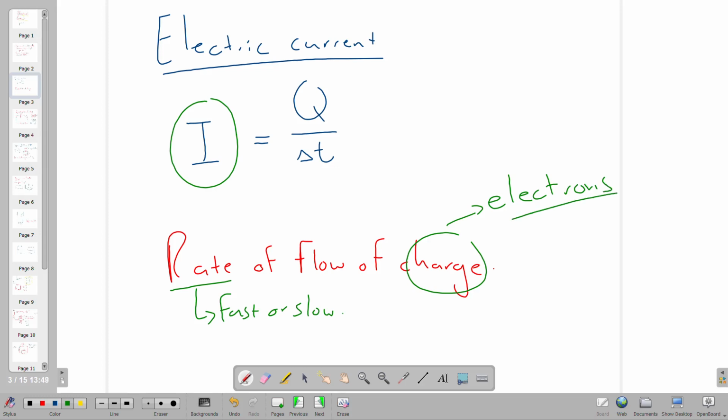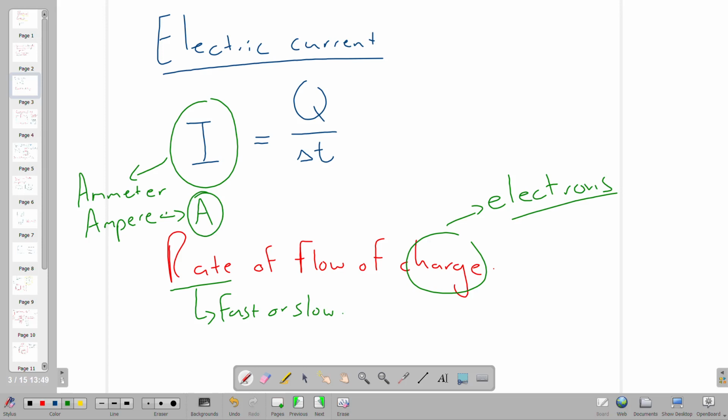How fast or slow do electrons flow through a circuit? So I is my current, and it's measured with an ammeter, an instrument that we use to measure current, and the unit is ampere, and the symbol for that is simply A.